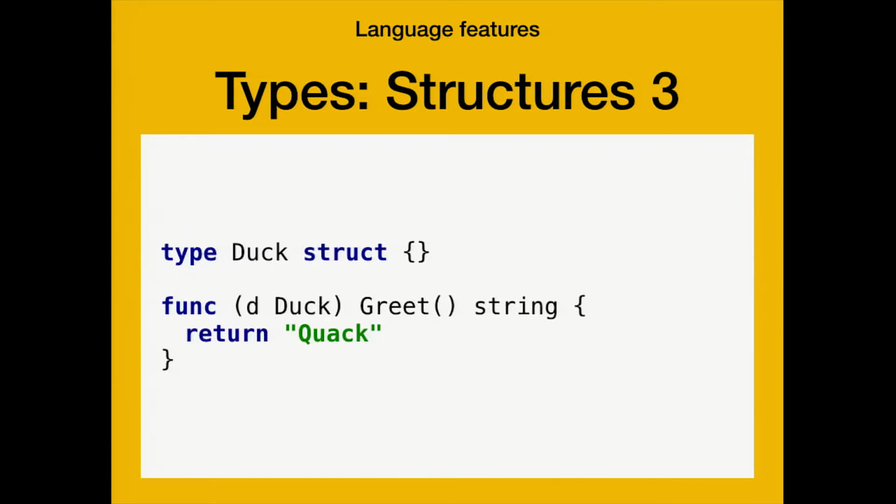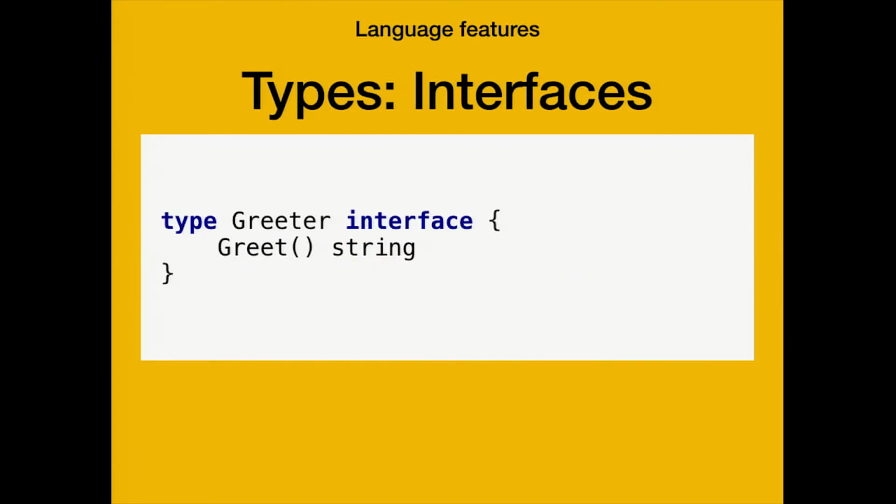You can extend this with other types. This is really interesting, right? You can make ducks with the same method signature. Now this is where it gets interesting, because both the cow and the duck share the same behavior. That's what we call interfaces. They have an interface in common, in this case the greeter interface, which can be anything that greets.